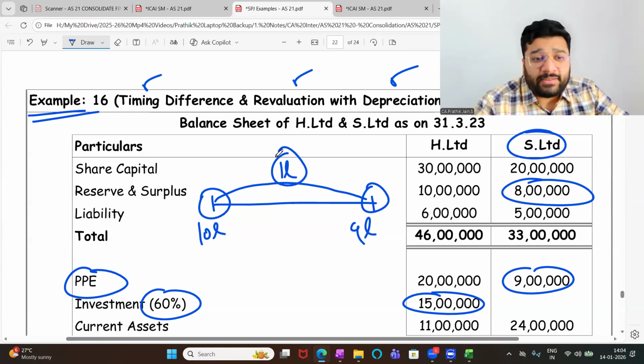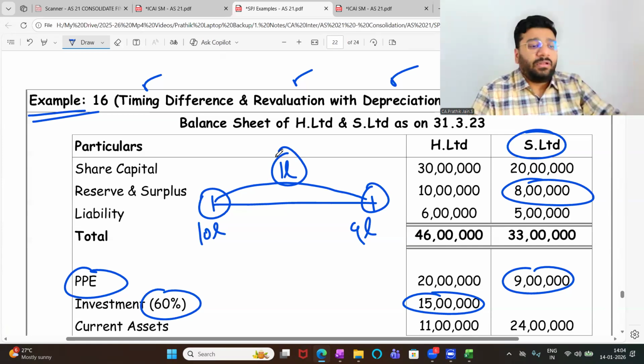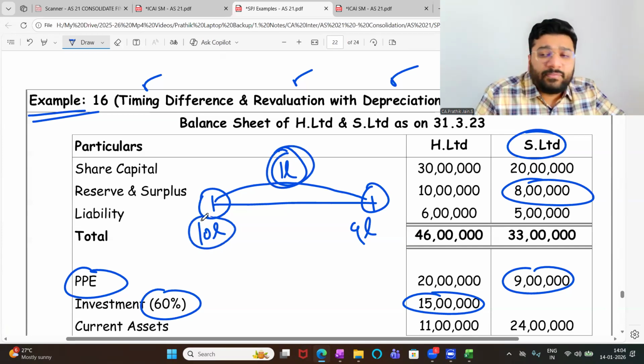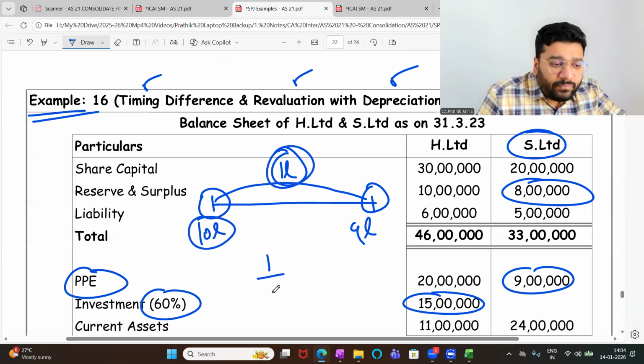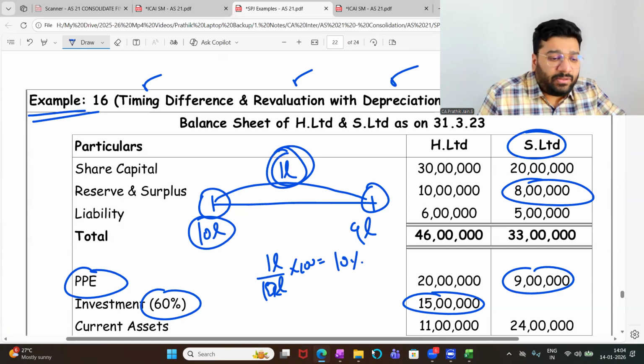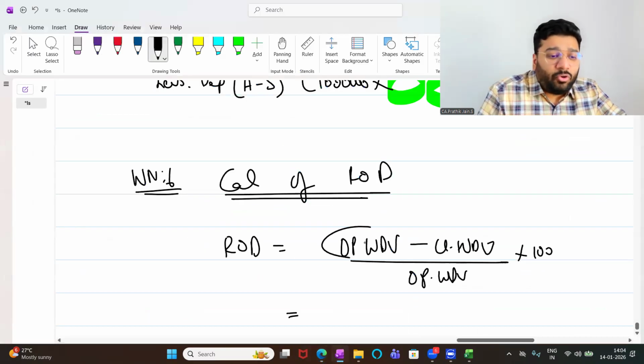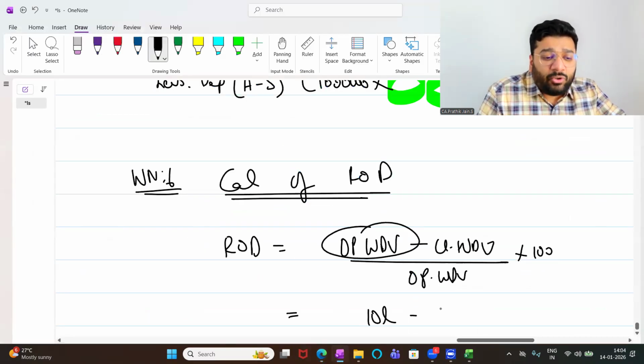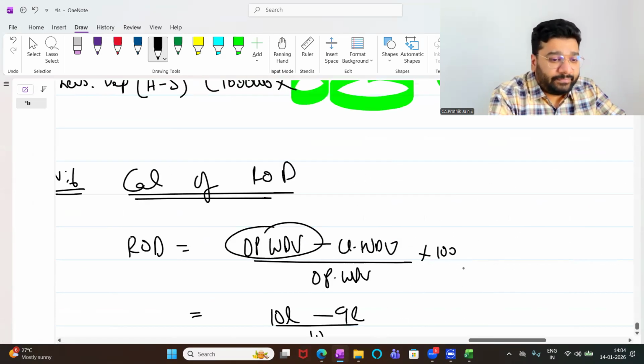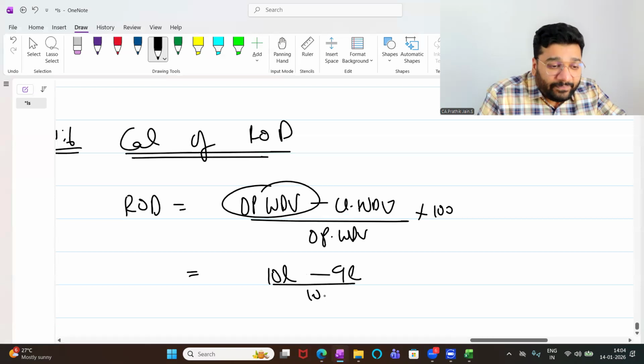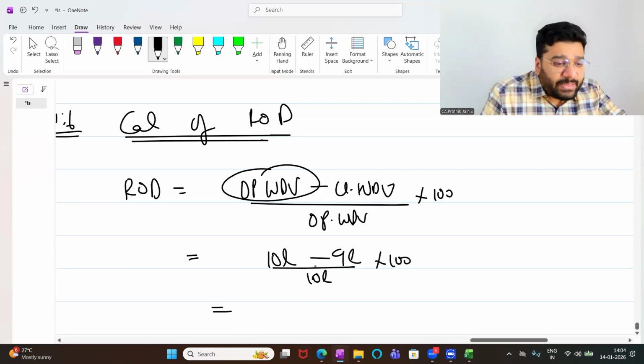What is the unused value of the asset? 9 lakh. 1 lakh is used out of 10 lakh. So 1 lakh out of 10 lakh into 100. How much percentage? 10 percentage. Now, opening WDV is how much? 10 lakh. Closing is how much? 9 lakh. 10 lakh minus 9 lakh is 1 lakh, the amount of depreciation.